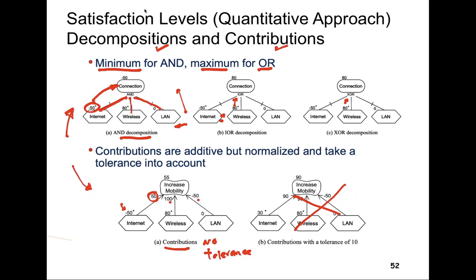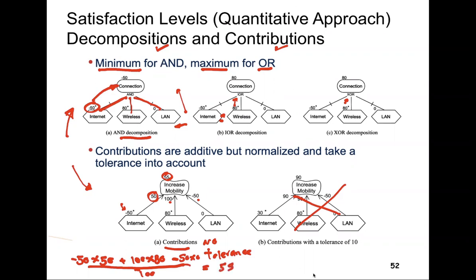In order to find a satisfaction level for this soft goal, it's -50 times 50 plus 100 times 80 minus 50 times 0. We're going to divide all of this by 100. So the value will be 55.